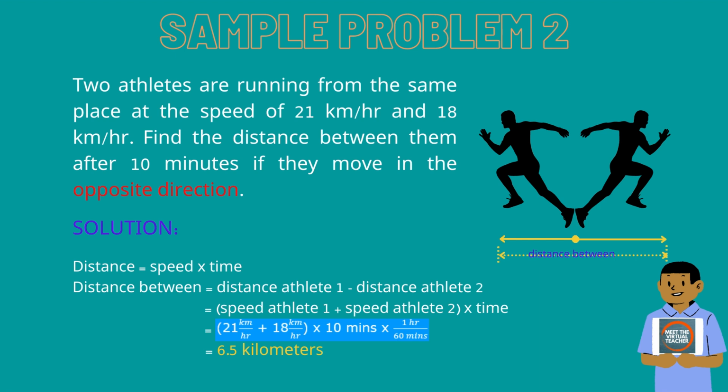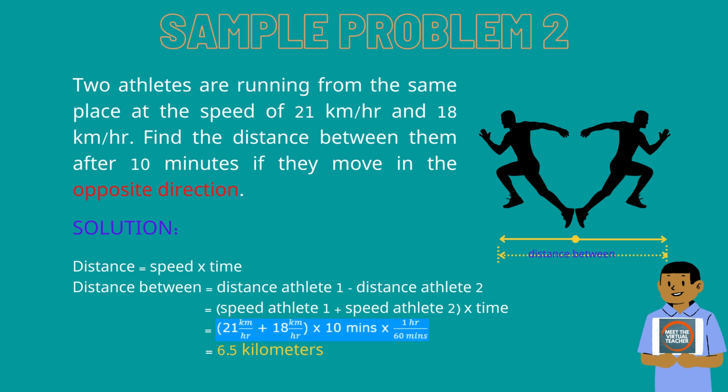From the previous slide again, the distance is equal to speed times time. So same as problem number one, we will find the distance of athlete 1 and the distance of athlete 2. Therefore, it is equal to speed of athlete 1 plus speed of athlete 2. Notice that I add the speeds of athlete 1 and athlete 2 because they are going in the opposite direction, and it will be multiplied by time.